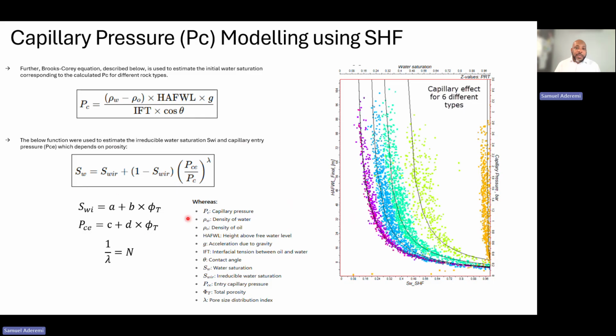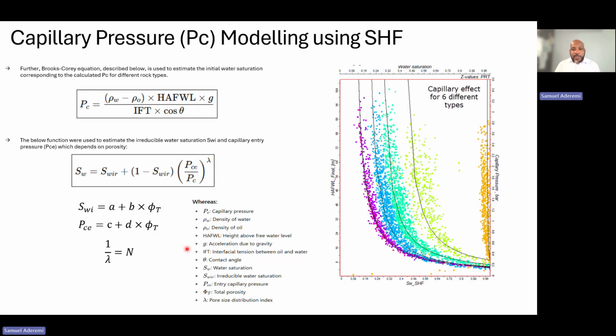Those parameters you must have regressed or calibrated with your actual capillary pressure data in software like TechLog that you use to model the saturation height function. That means that you must have matched them with your data. And please refer to my last recording on how that is done.